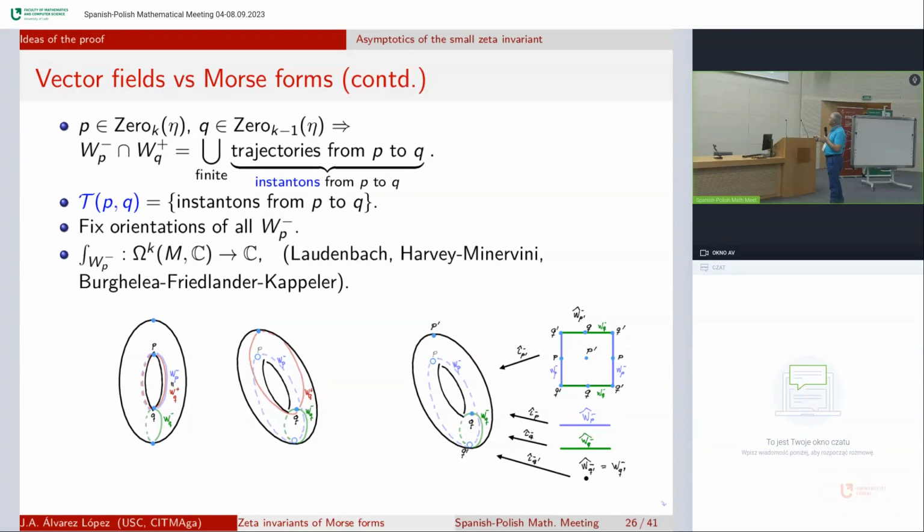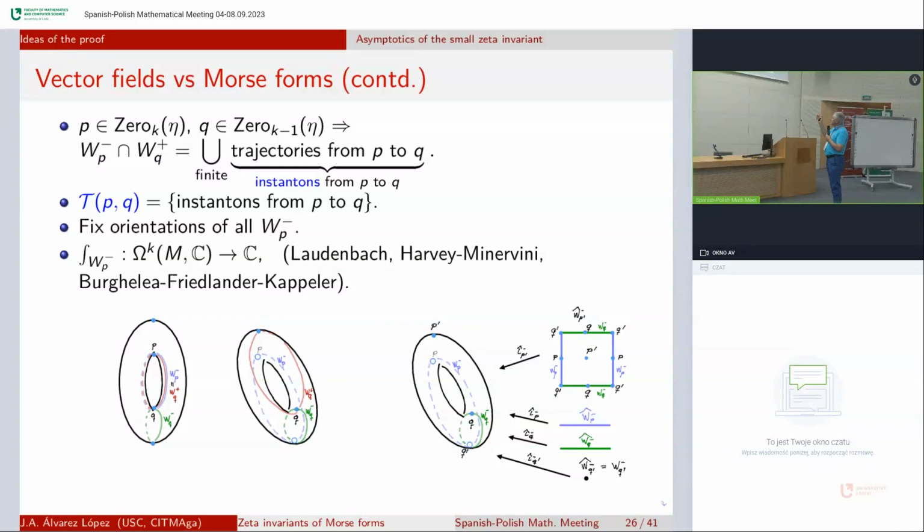And you see that for Q, the stable manifold agrees with the unstable submanifold of the critical point P. So this most typical Morse function does not satisfy the Smith condition. Well, I'm taking minus the gradient of the function as vector field.